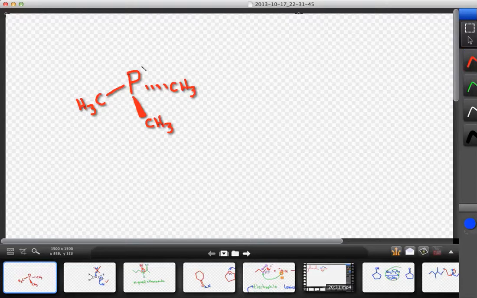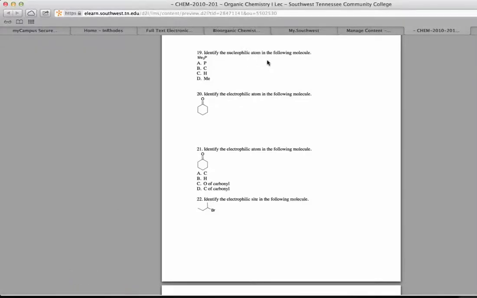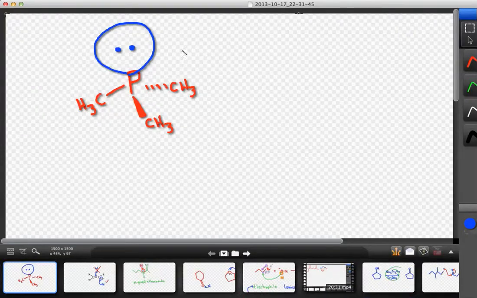And remember, we have a pretty large non-bonding orbital that takes up a lot of volume. And we are being asked to identify the nucleophilic atom. And that's pretty easy to identify. The nucleophilic atom is going to be the phosphorus atom because of the presence of these lone pairs.